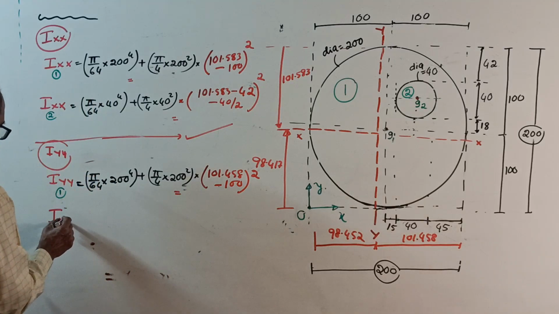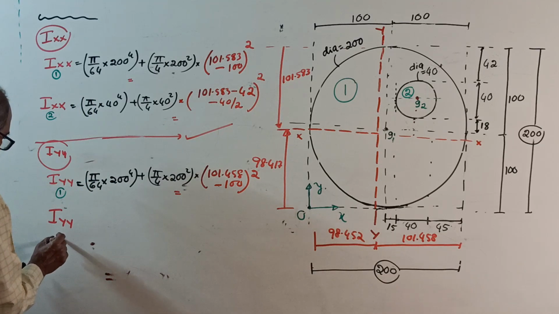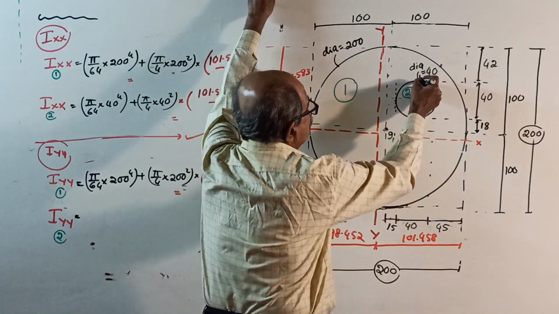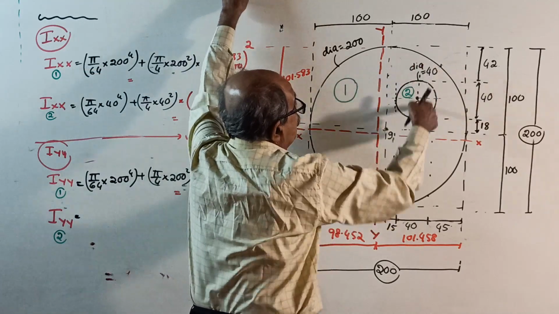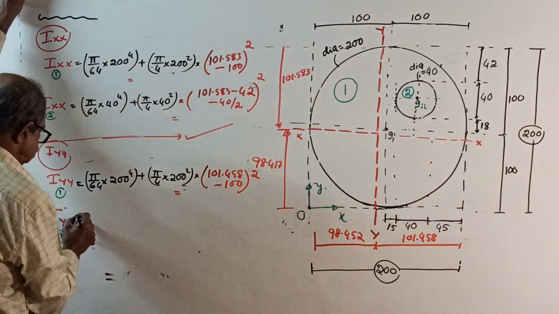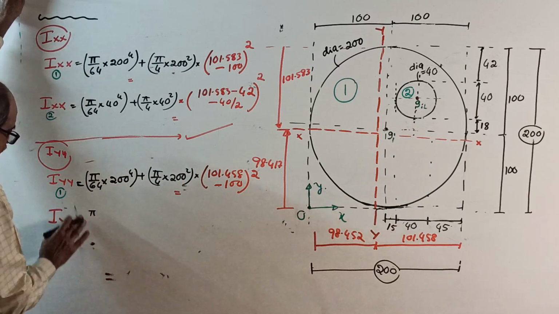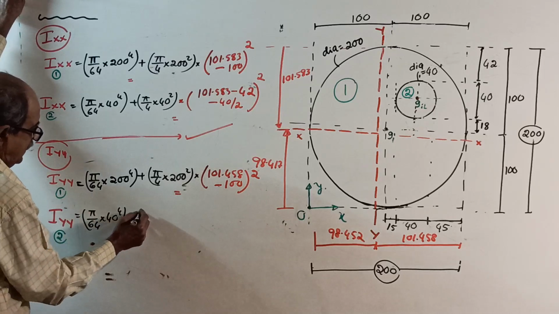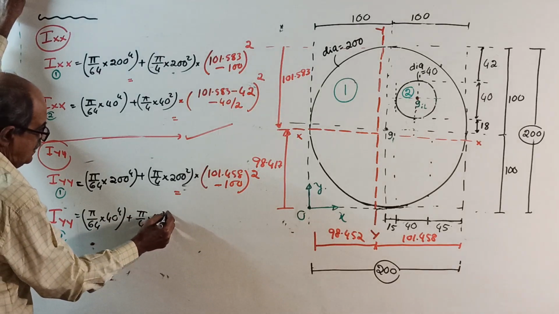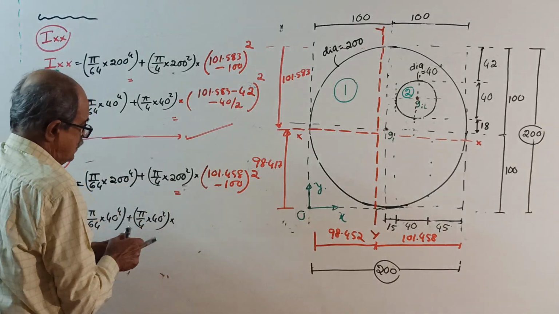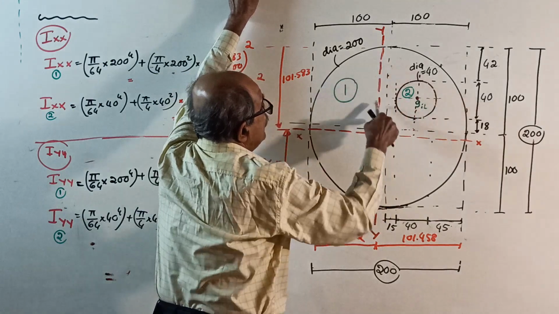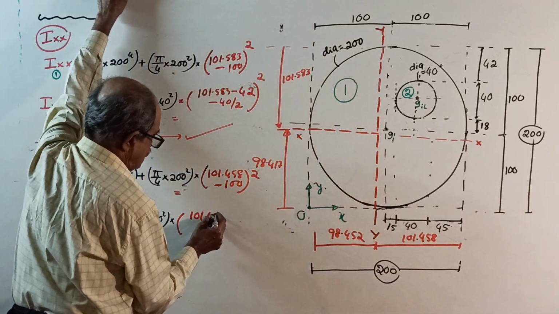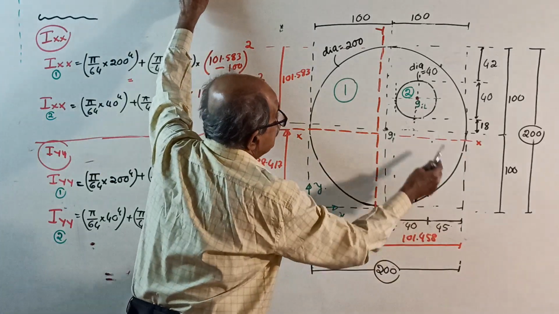Then Iyy for 2 is, come here. First, I about its own centroidal axis here: pi by 64 of 40 power 4, plus area pi by 4 of 40 square, into the perpendicular distance from centroid to Yy square, that is 101.458 minus, from here to here we want.